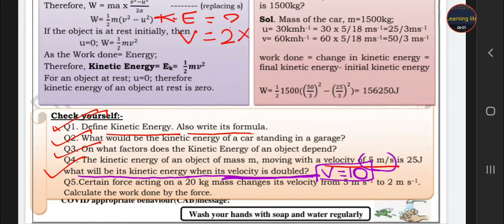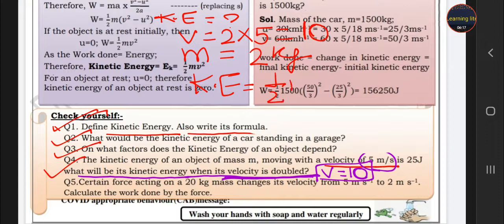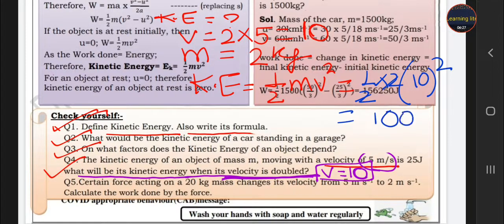Velocity is doubled, means 2 fives are 10. And mass we calculated, that is 2 kg. So kinetic energy equals half mv square, that is half into 2 into 10 square. 100 joules. So this is the answer of your fourth question.